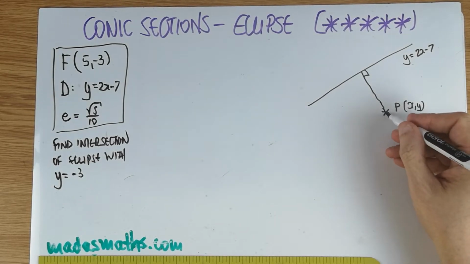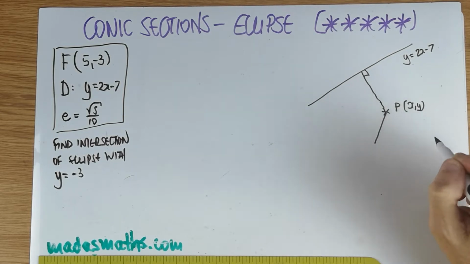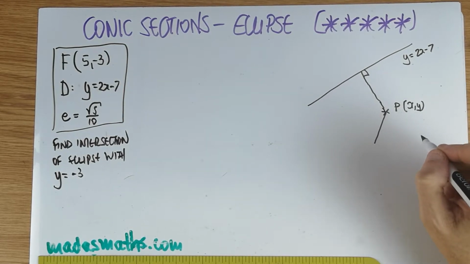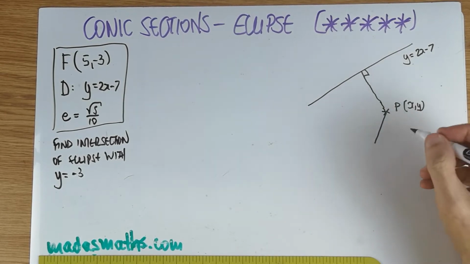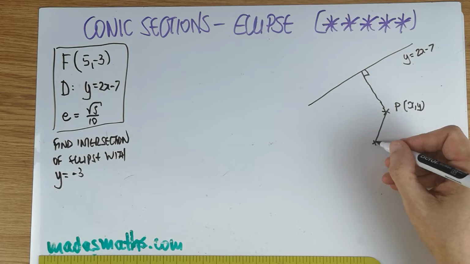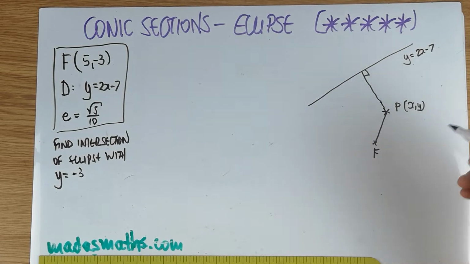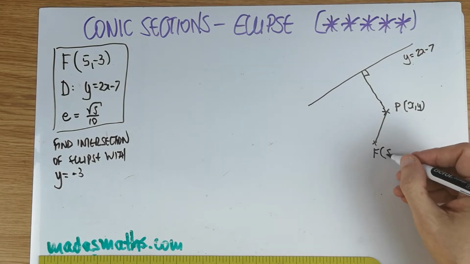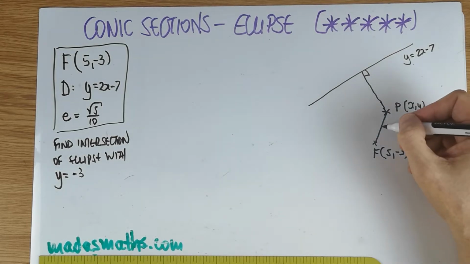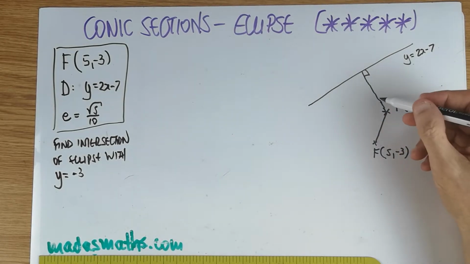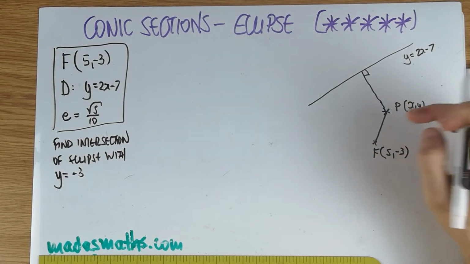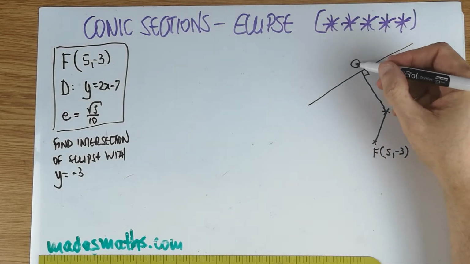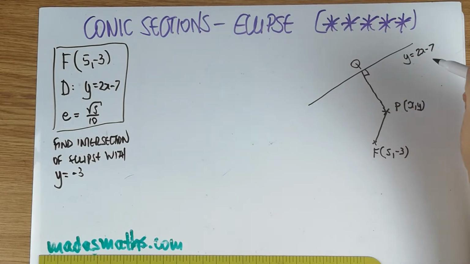The question now is the distance from the focus. The eccentricity is less than 1, between 0 and 1. So this distance to the focus, and the focus is (5, -3). For an ellipse, the ratio of PF to PQ, let's call this point Q, is equal to the eccentricity, which is less than 1.